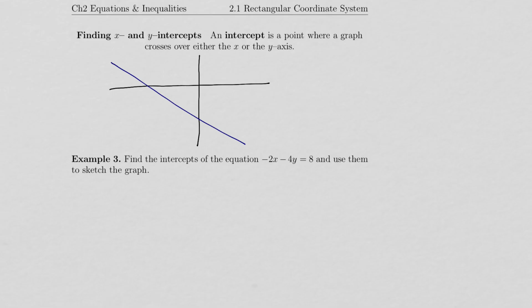Then this point right here, where the graph, in this case the line, crosses the x-axis, this is called the x-intercept. And it has coordinates, I'll call it A, right?